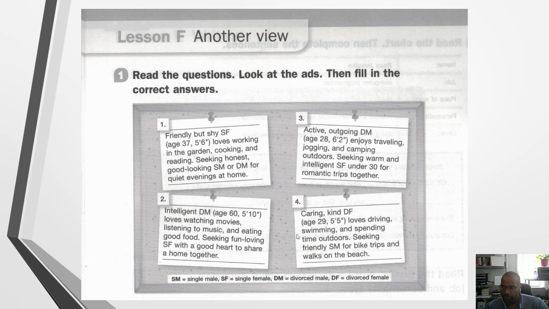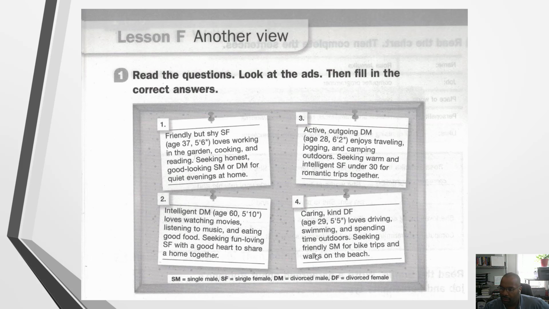And then number 4. Caring, kind DF, or divorced female, age 29, 5'5", loves driving, swimming, and spending time outdoors.